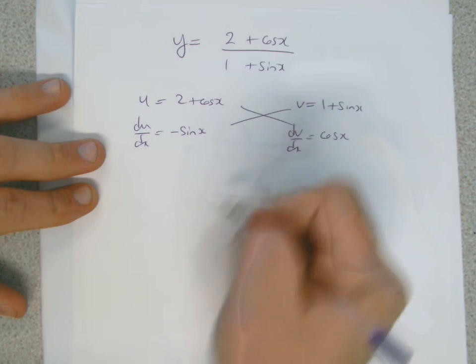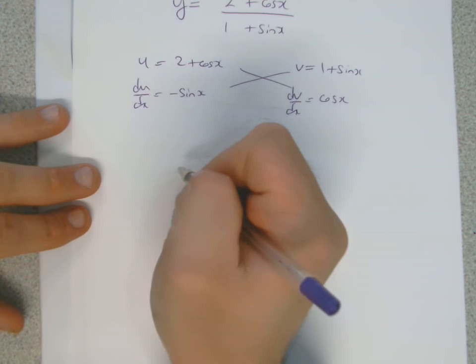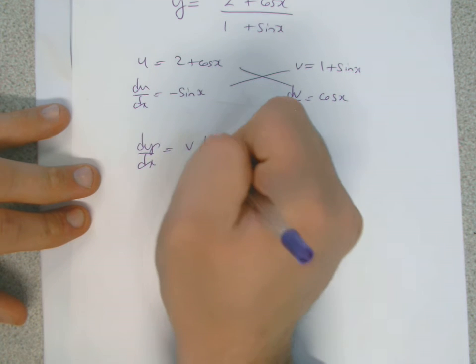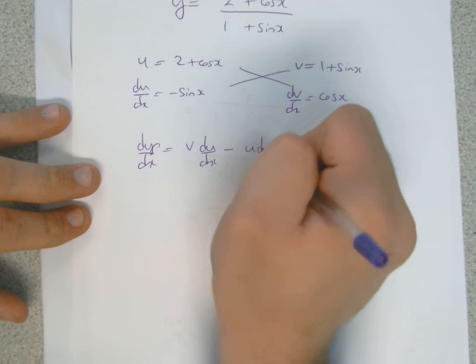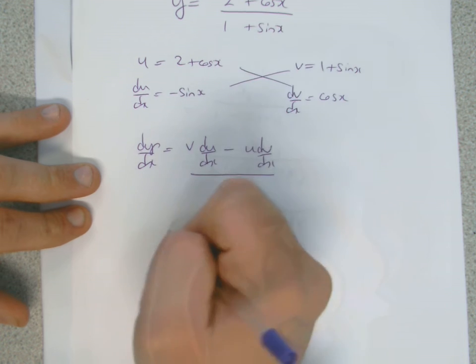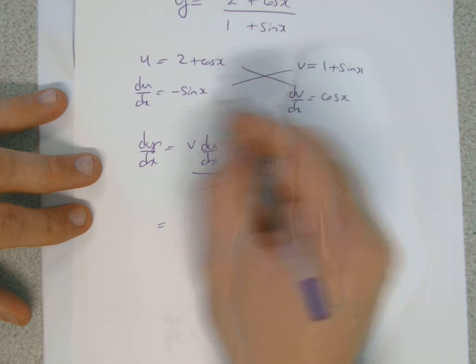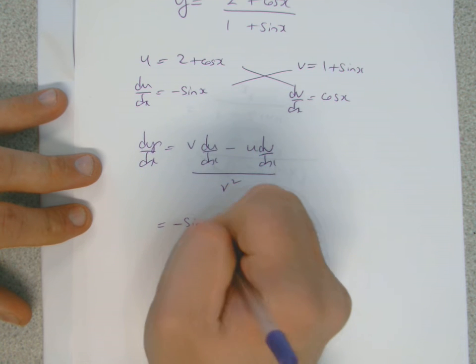So, quotient rule. Okay, dy dx, v du dx, take away u dv dx, all over v squared. So, it'll be that times this. Okay, so it'll be that times that, so we'll have minus sine x.